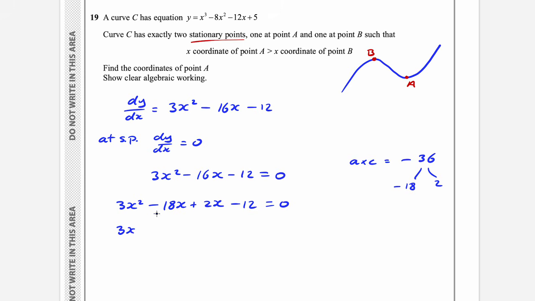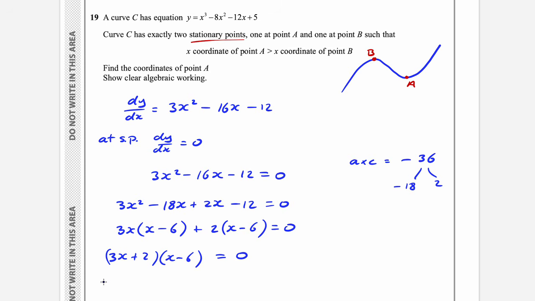Factorize: 3x into x minus 6, plus 2 into x minus 6, equals 0. Then I have 3x plus 2 and the x minus 6, guys, that are always the same, equals 0. Solve these two.